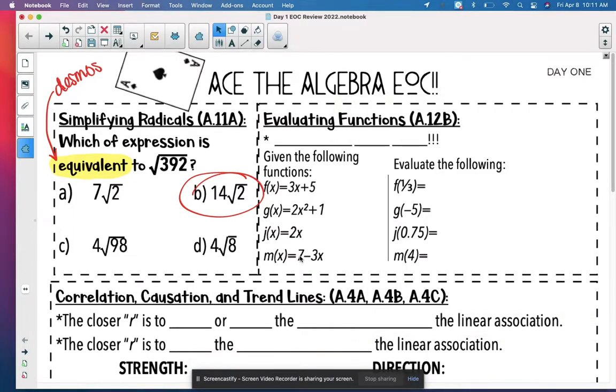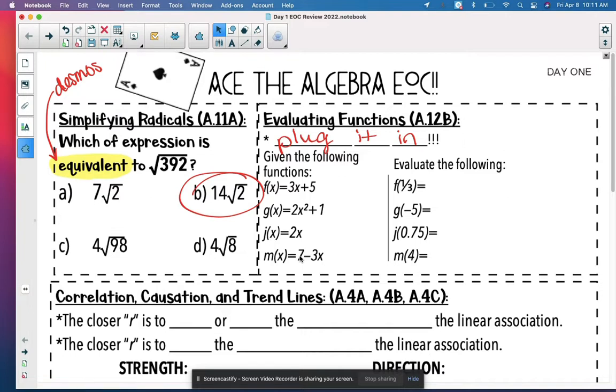The next section that we're going to talk about is evaluating functions. When we evaluate, the key thing to remember is that we are going to plug in the number. The first function that we're given is f of x equals 3x plus 5.